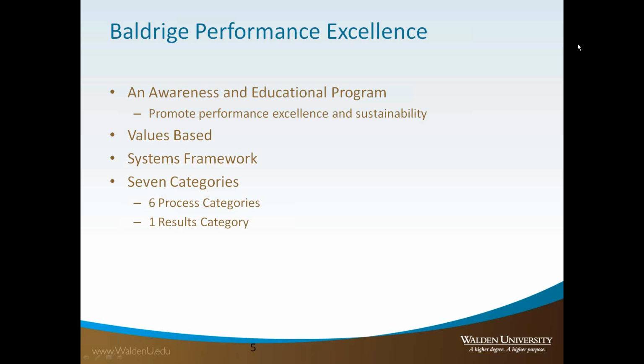There are 7 categories within this framework, and originally Baldrige, and still is, an award program that contains 6 process categories and 1 results category. But the systems framework concept here is that all 6 of those process categories and that results category work together to create a very systematic approach to performance excellence. We'll give you some more details on that in just a bit.